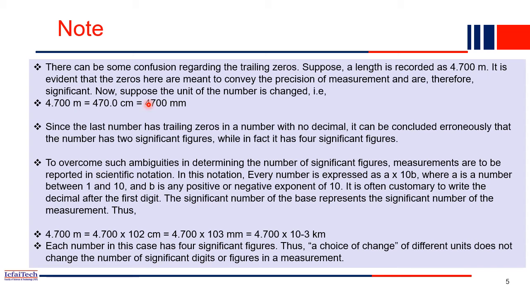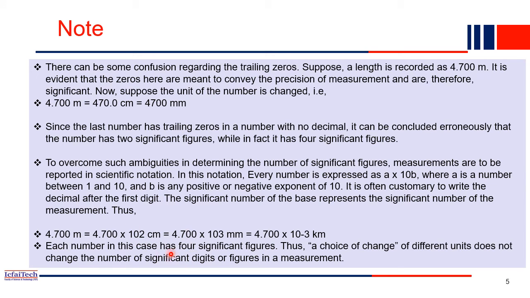So here if you see, the significant number appears to change when you make the conversion: sometimes one zero after the decimal, here 2 zeros after the decimal, here no zero after the decimal. So it is confusing for significant number computation. But in this notation, it is very easy, because every time the accuracy value is the same, 4.700, whereas if you want to change the unit, only the power of 10 changes.